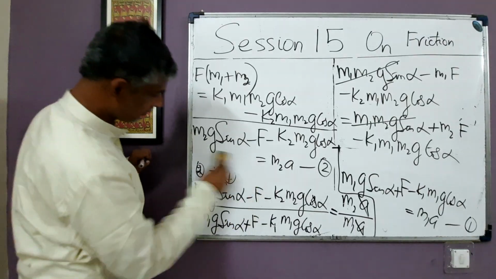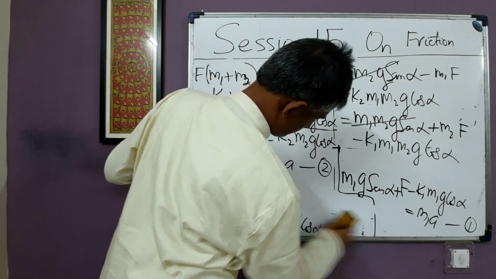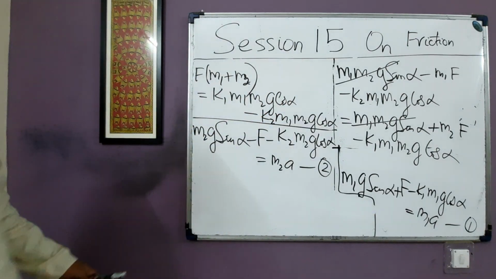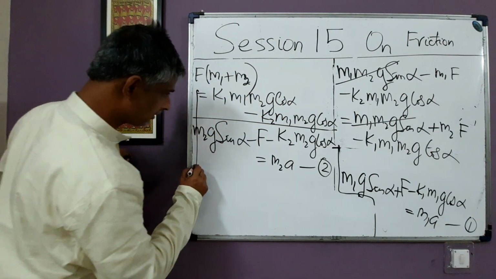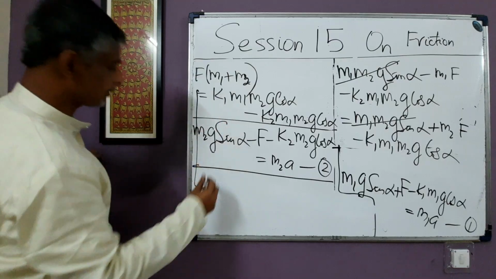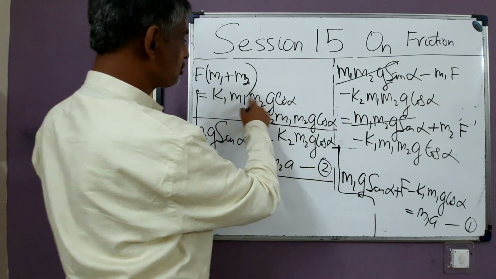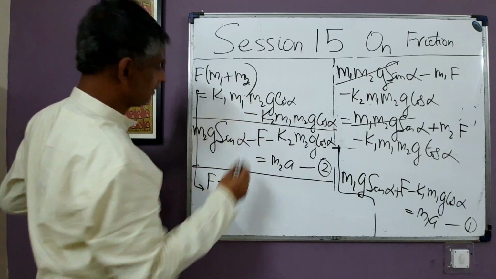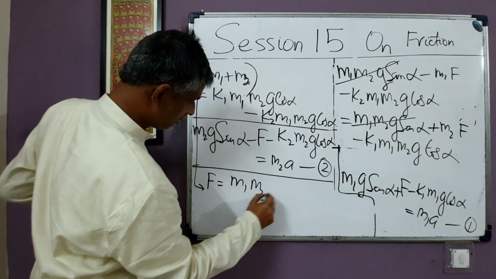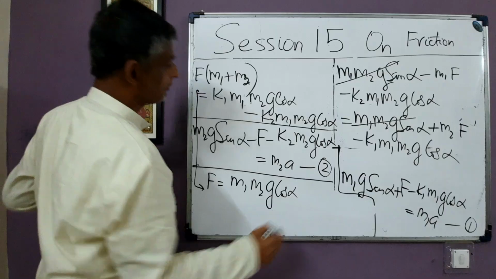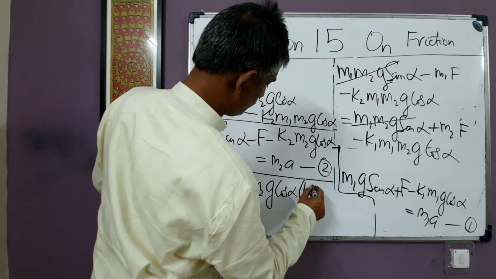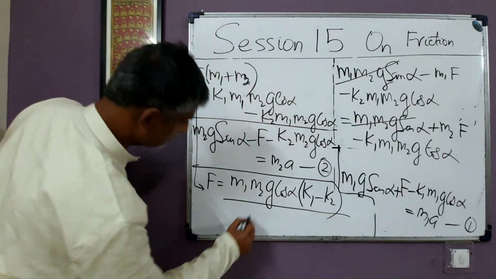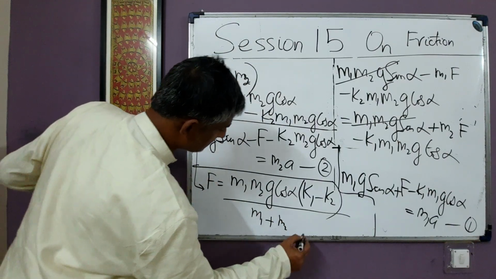So on solving this equation, what do I get? f is equal to, here m1 m2 g cos alpha becomes common, into k1 minus k2 upon m1 plus m2.